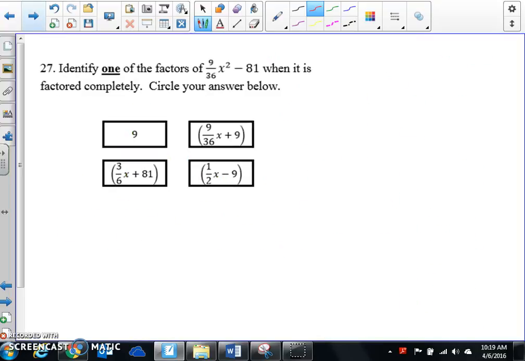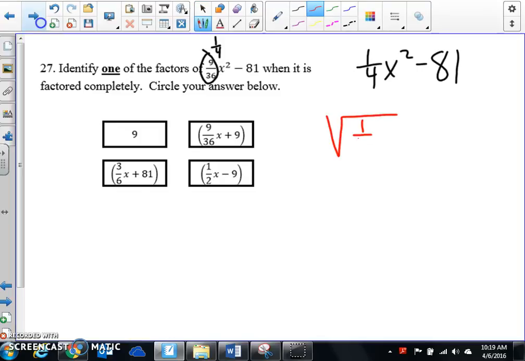All right, last one, identify one of the factors. First of all, you can simplify 9/36 to 1/4. So 1/4 x squared minus 81. The square root of 1/4 x squared, that's how you break it up, okay? Square root of 1 is 1, square root of 4 is 2, square root of x squared is x.